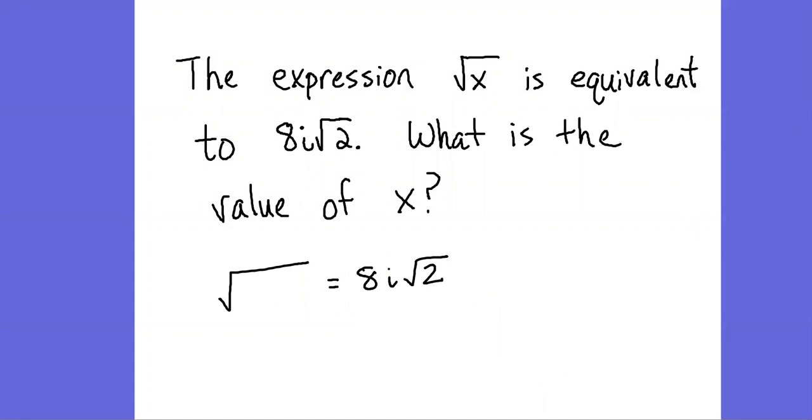Just like the problem before, I have this i here. What can I take the square root of to get this imaginary unit? Well, it has to be the square root of a negative.